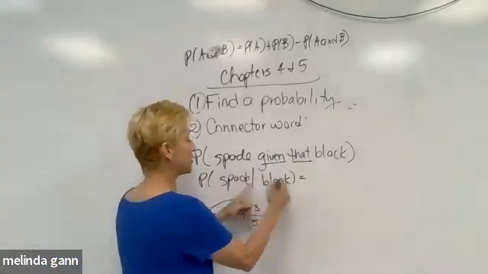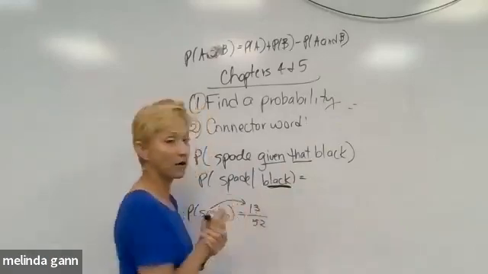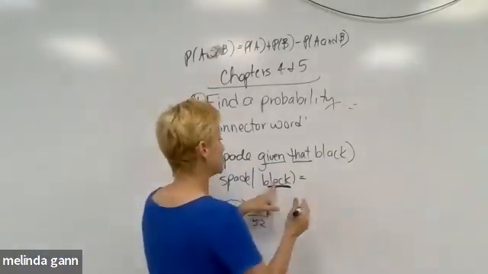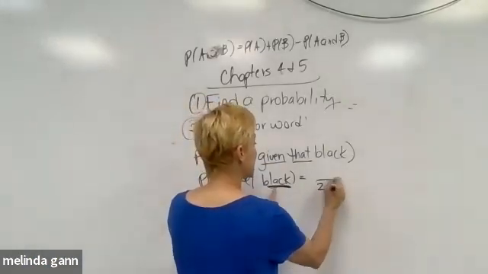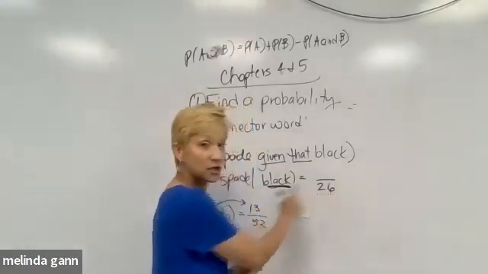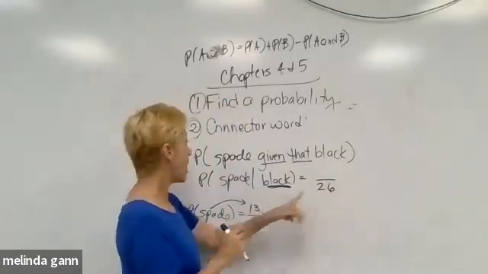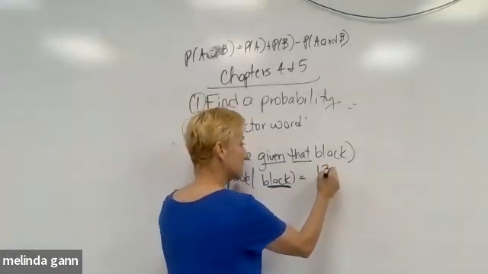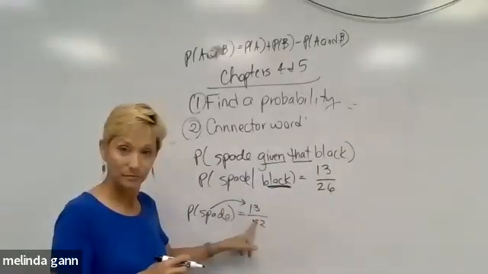So the thing to the right of the bar is certain, and that shrinks your total. If I know the card is black, that shrinks it down to not 52, but 26. Of those 26 cards, how many are spades? 13. So that's not going to be the same answer.